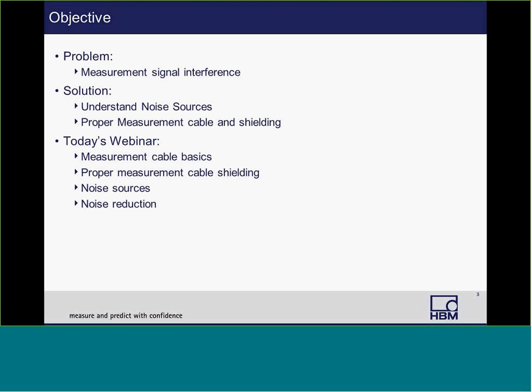To start off this webinar, what is our problem? The problem we have is sensor measurements can be subject to noise interference. This noise can result in inaccurate measurements, and in severe cases of noise, it may be impossible to detect your actual measurement signal.